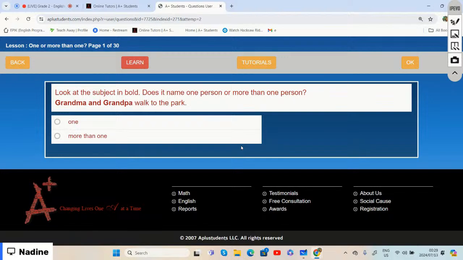All right. And if we were to select the correct one, that basically tells us if this is referring to one person or more than one person.